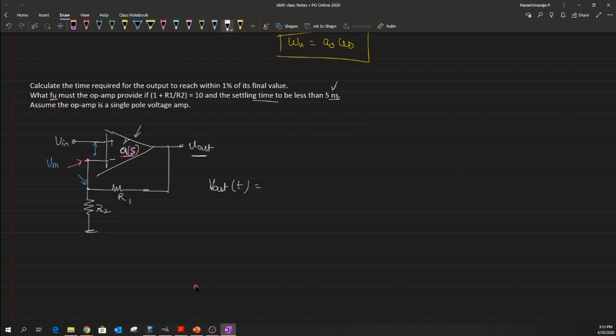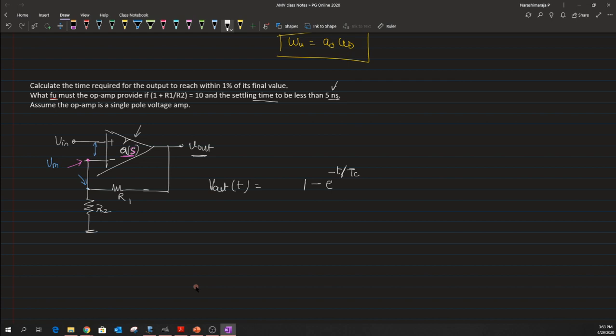V out in time domain, as in our normal case, will have a forced response minus an exponential term, which is the natural response, divided by a factor tau c.